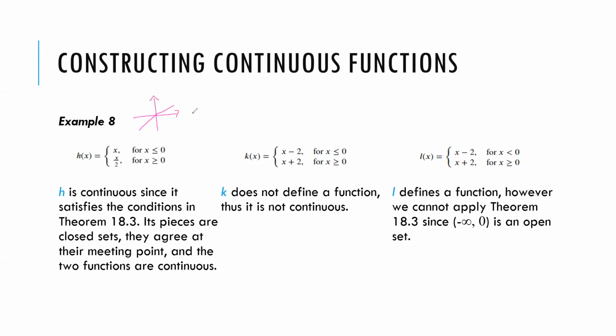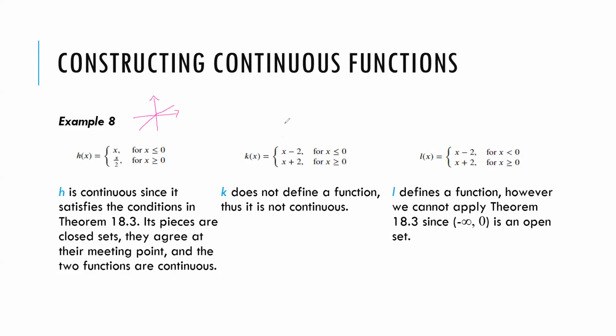And then for k of x, we have k of x equals x minus 2 for x less than or equal to 0, and x plus 2 for x greater than or equal to 0. Even though both of these functions are continuous, they don't agree on their meeting point.